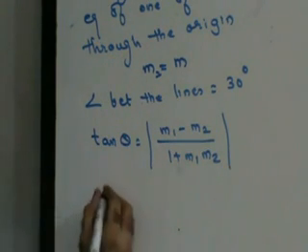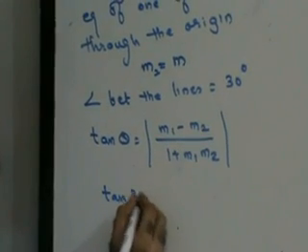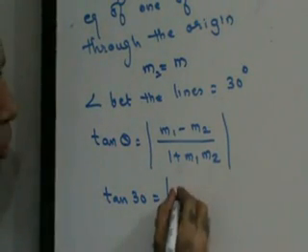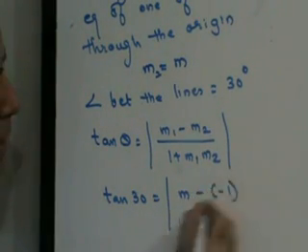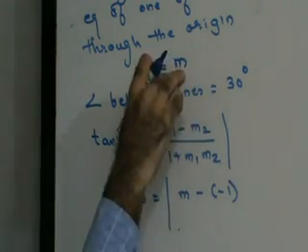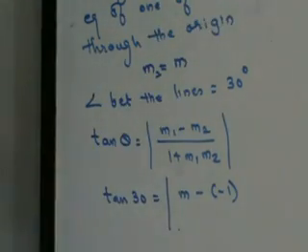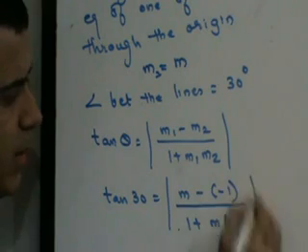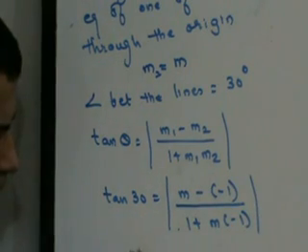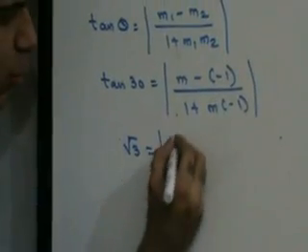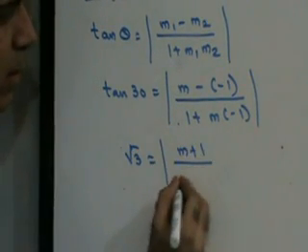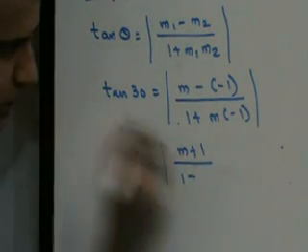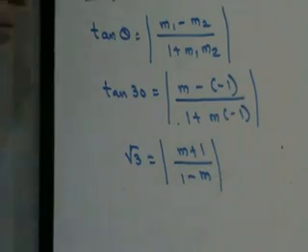Angle is given to you as 30 degrees, so I can say tan 30 is equal to modulus of m minus minus 1 upon 1 plus m into minus 1, slope of one line being m and the other minus 1. Tan 30 is 1 by root 3, which is modulus of m plus 1 upon 1 minus m.